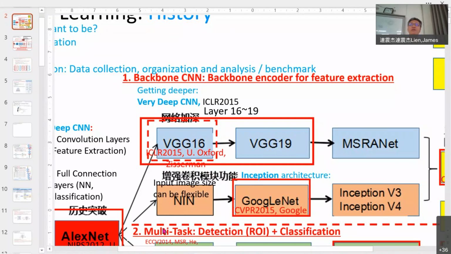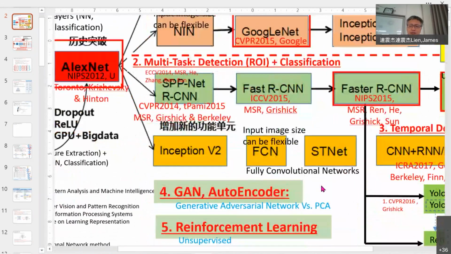GoogleNet says it should not only be deep, it should be fat, so they do inception. So the difference: GoogleNet is a little bit fat, and also deep. Okay, so we go back to the concept here.